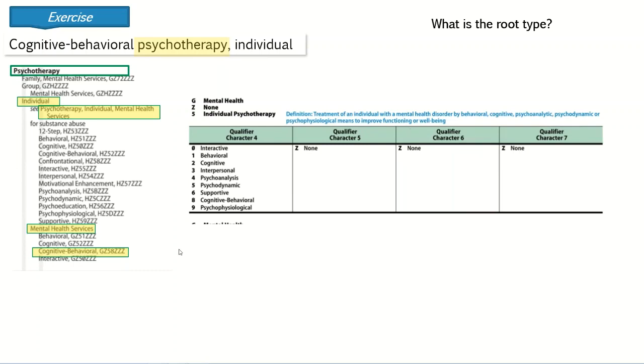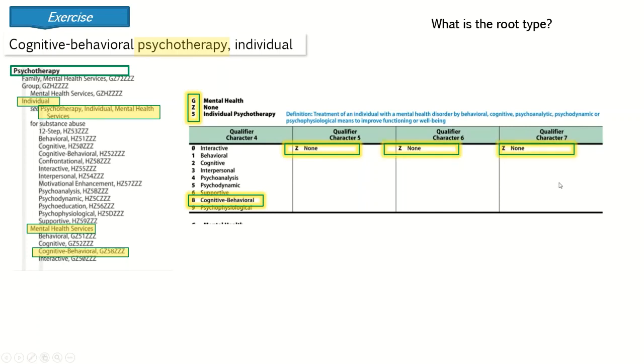All right, so our code tells us that our fourth character is cognitive behavioral. I agree. So we'll say it's 8. Our fifth character will be Z, sixth will be Z, and seventh will be Z. Our final code, GZ58ZZZ. A lot of Z's, a lot of sleep.